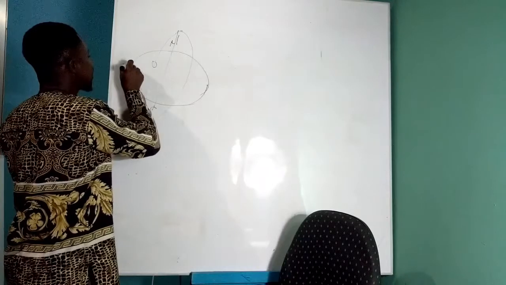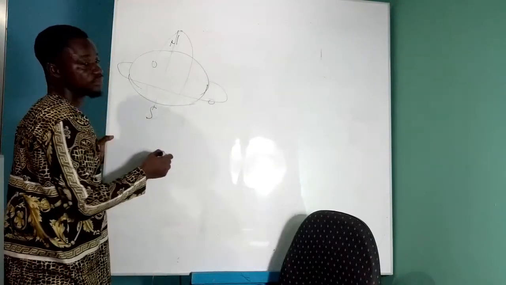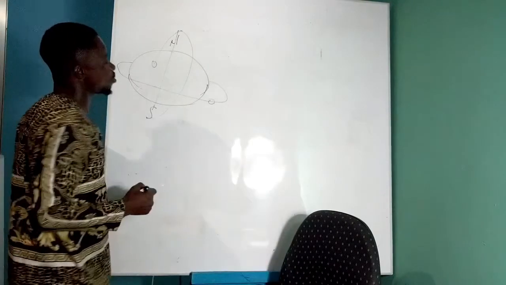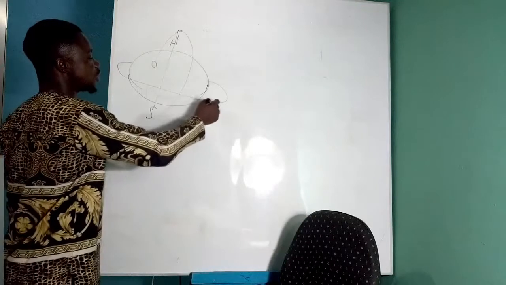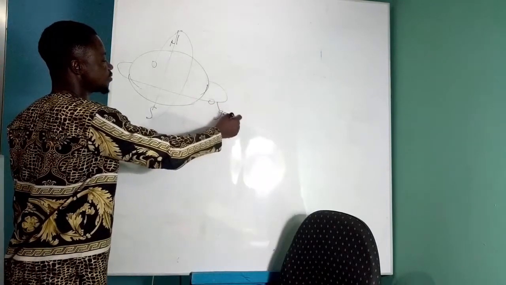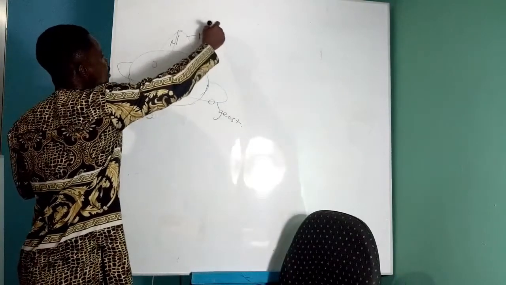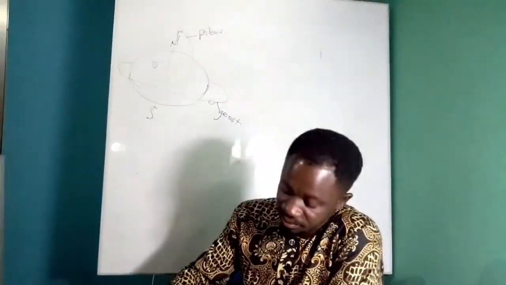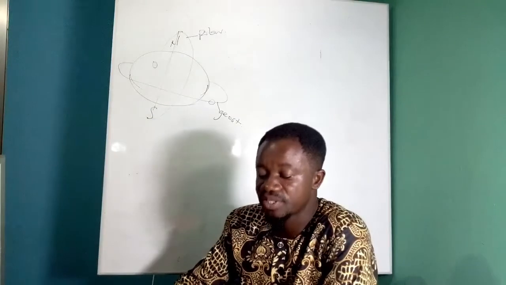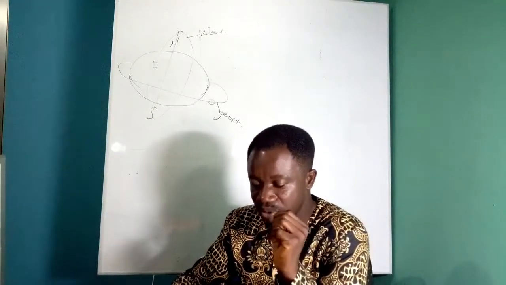However, a satellite that revolves around the Earth like this, along the equator, we call that satellite a geostationary satellite. So a geostationary satellite and then a polar satellite. Good. So these are some of the types of artificial satellites that you are supposed to know.